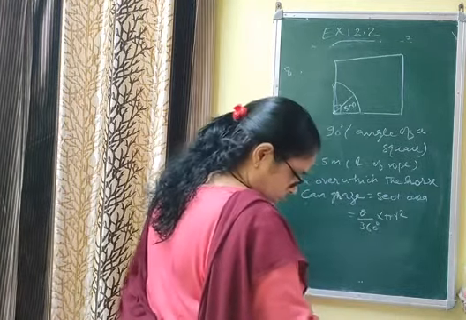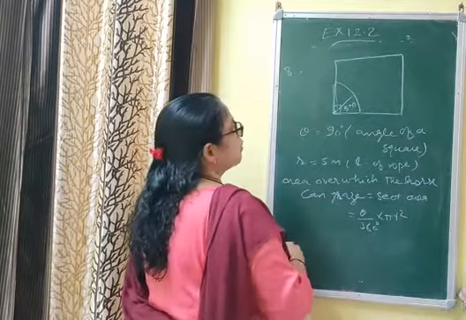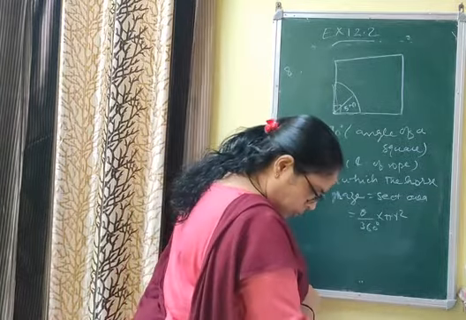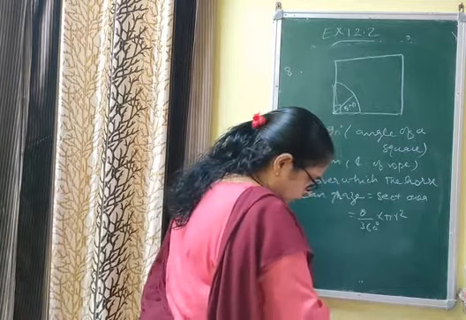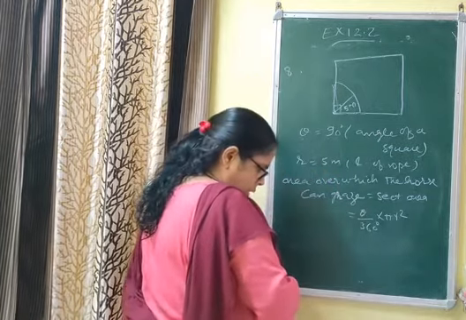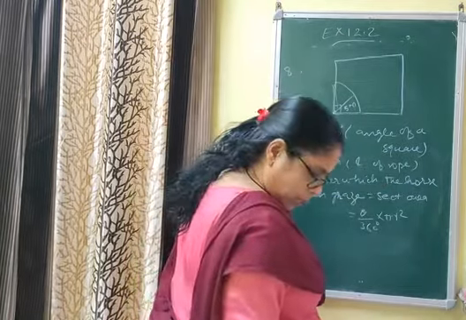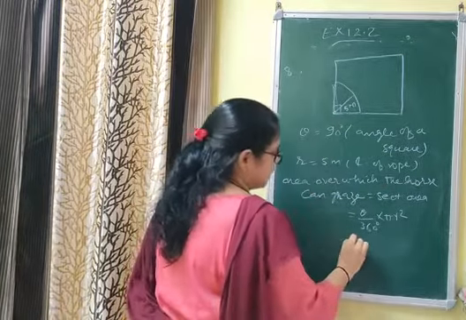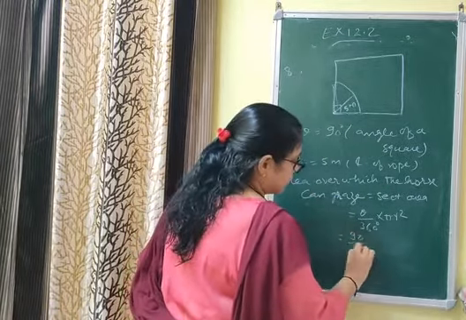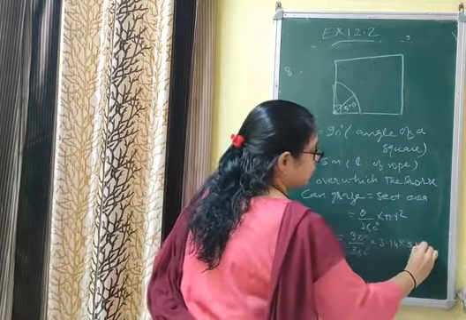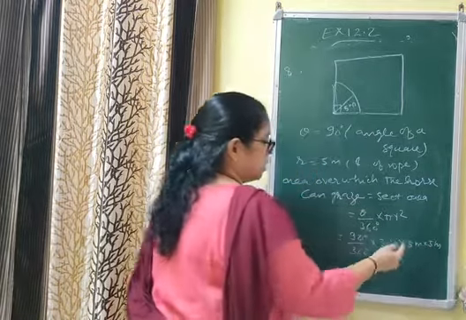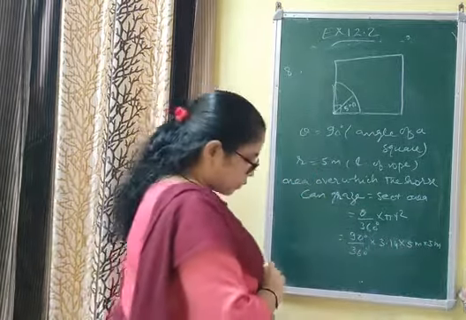Now let us take 22 by 7 in the first part, because it is 5. Let me check once more. Let us take pi as 3.14 that you are given. Theta is 90 by 360 degree into 3.14 into 5 meter into 5 meter. See how this is given, because 5 is not a multiple of 7.